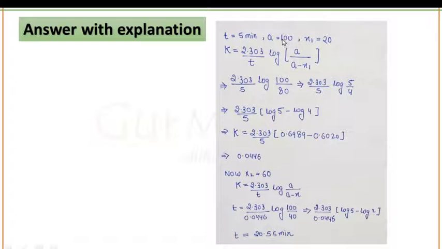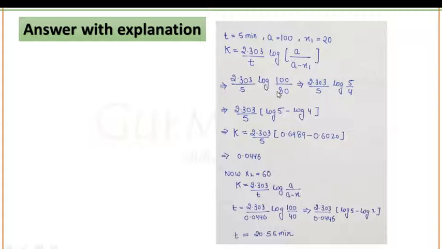So for this we have the equation K = 2.303/t log A/(A - x1). When you put the values in this equation, you can get the value of K. As you know very well, the value of A is 100 and the value of x1 is 20. So 100 divided by 80, as A is 100 and A - x1 is 100 - 20 = 80.